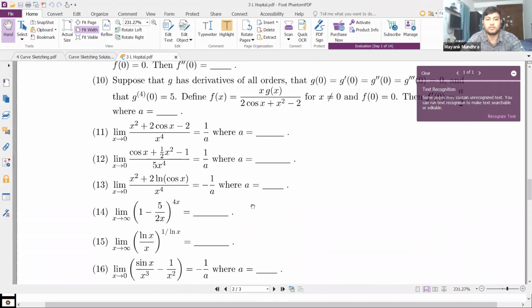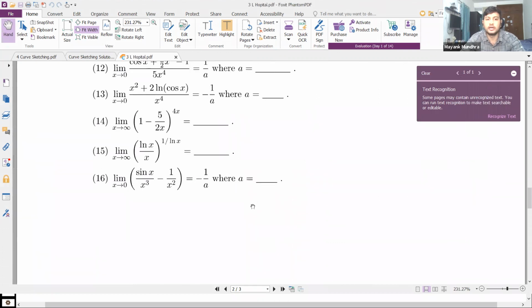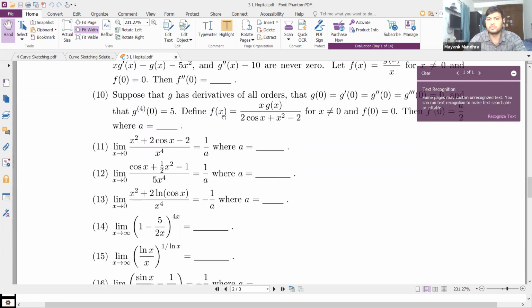A lot of problems, so you'll need to get creative in problems like this. Maybe take log first and then differentiate. Suppose this limit is L, then log of L is something, and then you differentiate. Sometimes you'll have to do some other trick, so you'll have to think about it.